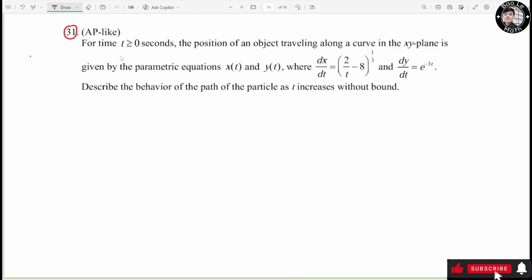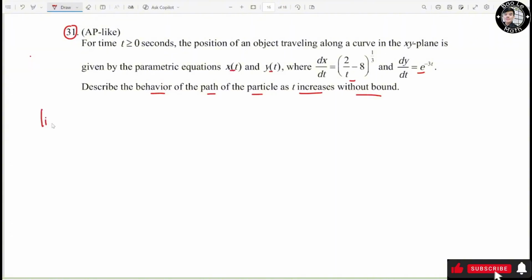Question 31. For time t greater than or equal to 0 seconds, the position of an object traveling along a curve in the xy plane is given by the parametric equations x of t, y of t, where dx over dt equals this and dy over dt equals this. Describe the behavior of the particle as t increases without bound. Alright, so we need to find the limit.